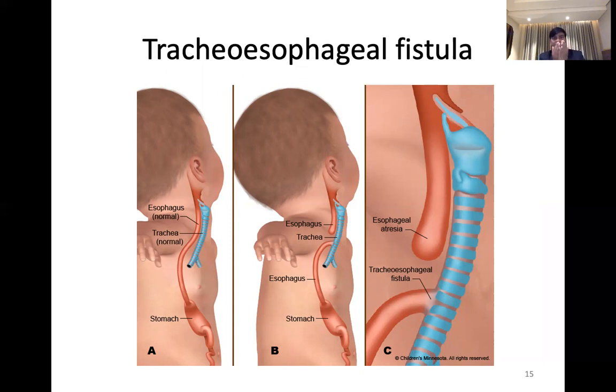The foregut will divide into a ventral respiratory tract and a dorsal esophageal tract by the tracheoesophageal septum. Any defects of mesenchymal proliferation or of the tracheoesophageal septum will lead to abnormal communication between the trachea and esophagus, and that will lead to the tracheoesophageal fistula formation, right?